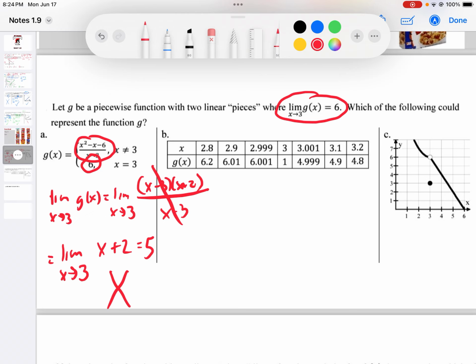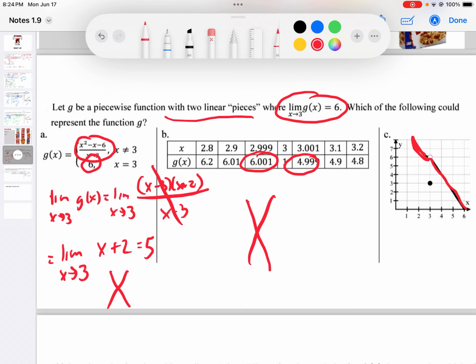All right, looks like this one, the limit from the left is going to be 6, the limit from the right is going to be 5, so that's not 6. And this is the tricky one because the graph, that's linear, this is nonlinear.